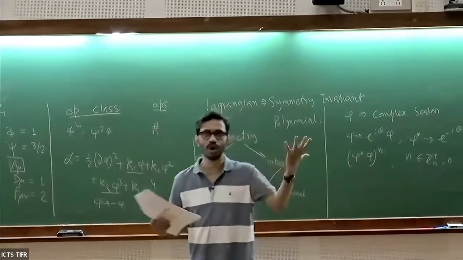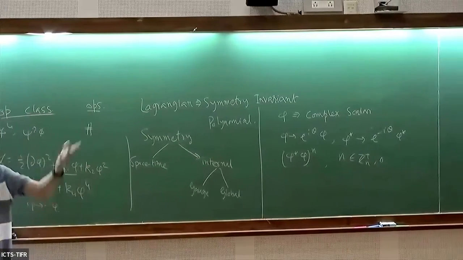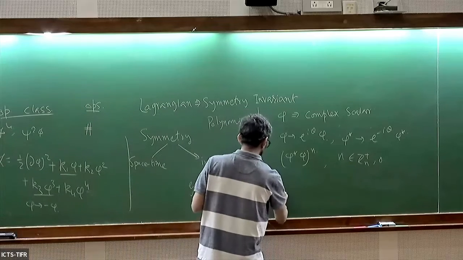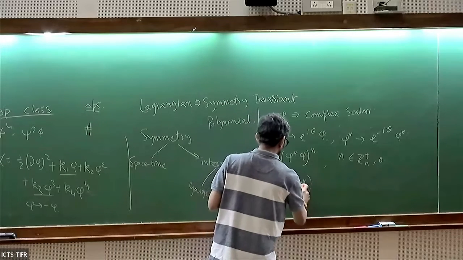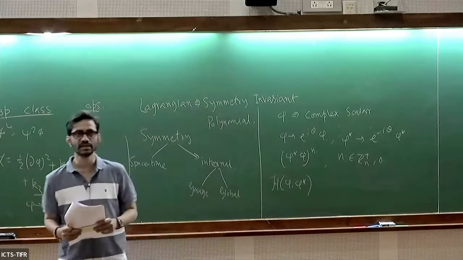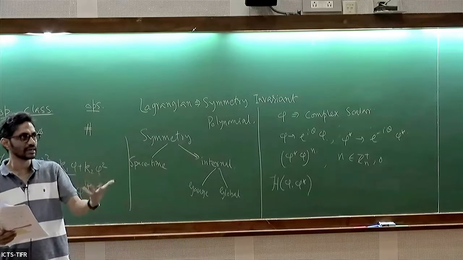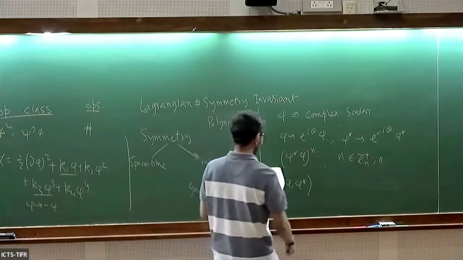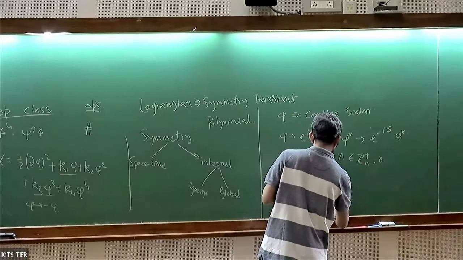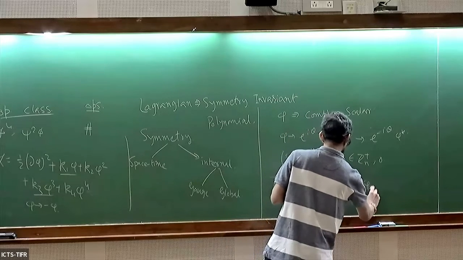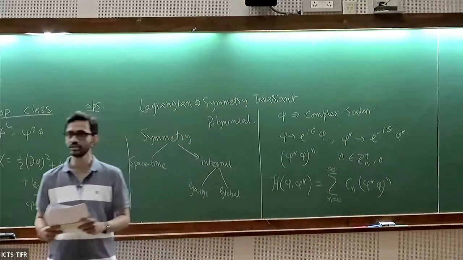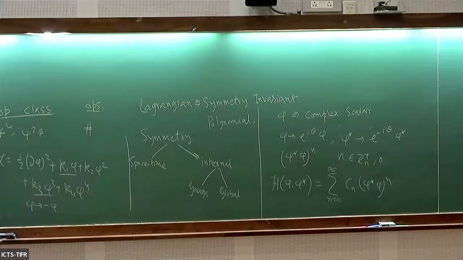So I can have 1, which is field independent, and I can add all those terms, which are invariant under this transformation, and write it as a sum to infinity. This is a collection of all the terms, and n goes from anything.